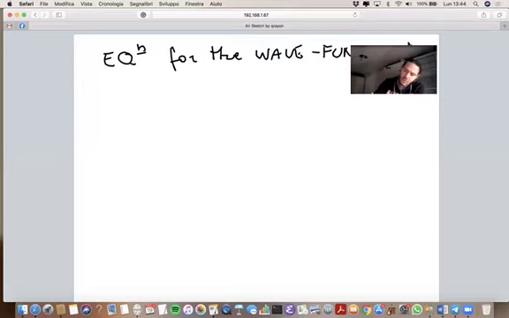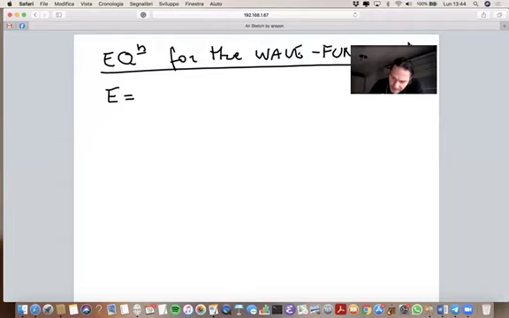So we want an equation for the wave function. And we want this equation to account for the properties that I've studied. And remember that once I detect the particle, the properties detected are those of a particle. So for instance, the energy of a free electron impacting the screen should be, since there is no interaction, just kinetic energy, p squared over twice the mass of the electron.